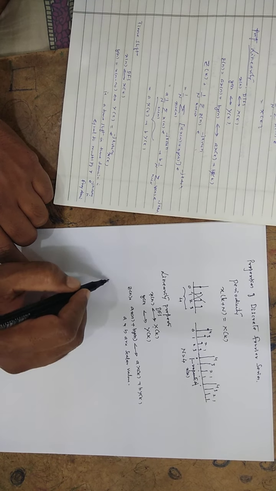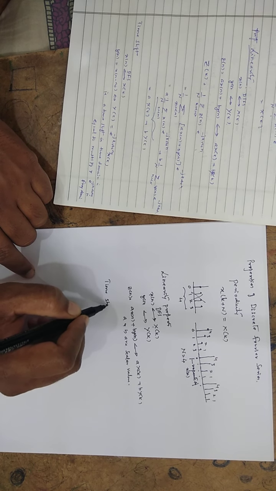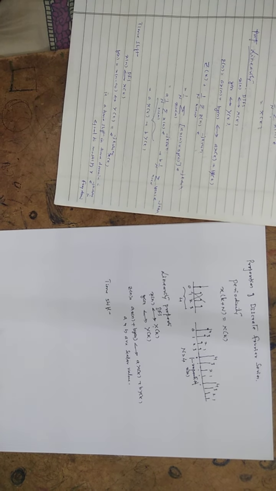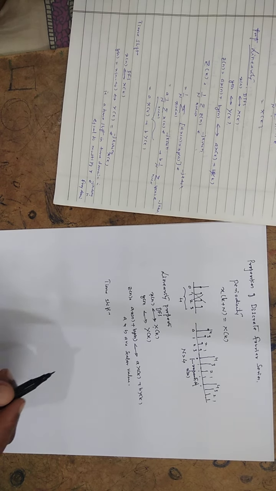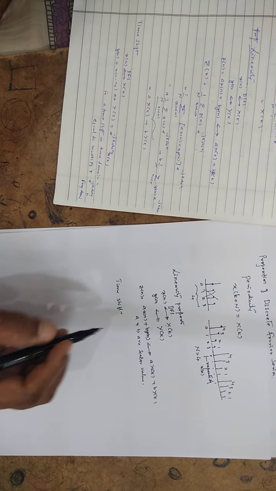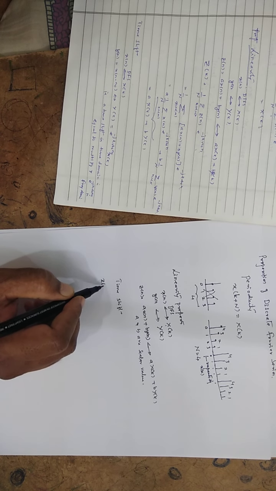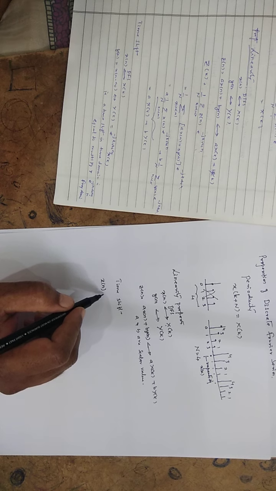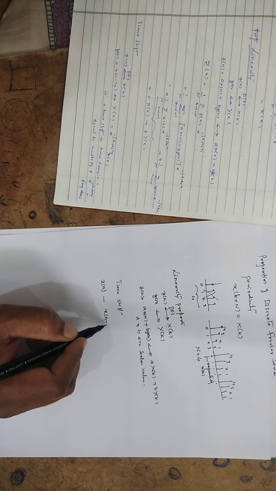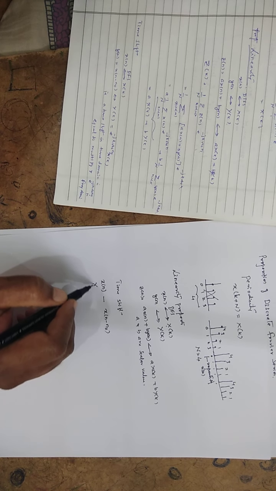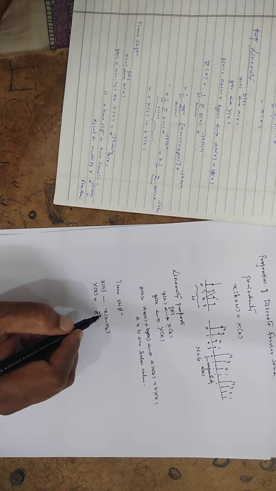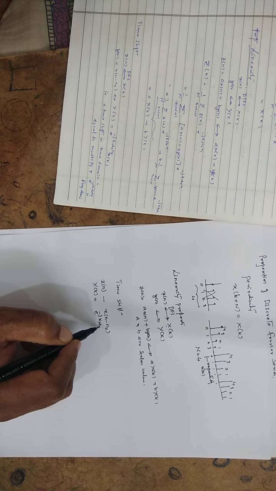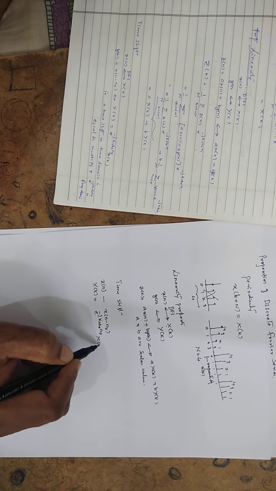Then time shift. If x of n is shifted to x of n minus n naught, then the pair will be e to the power of j k omega naught n naught times x of k.